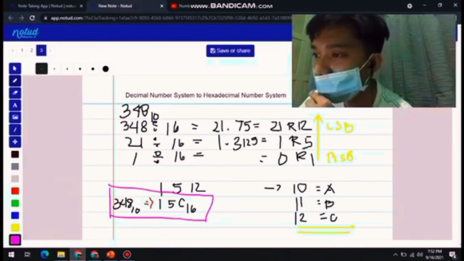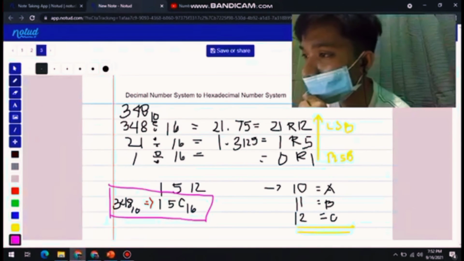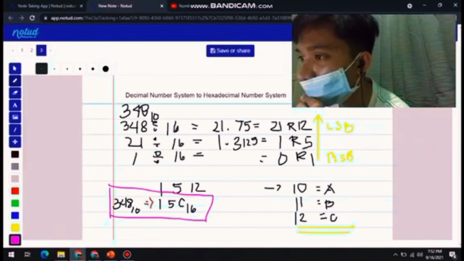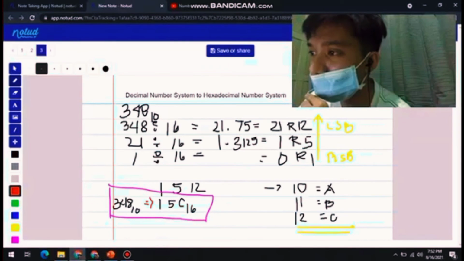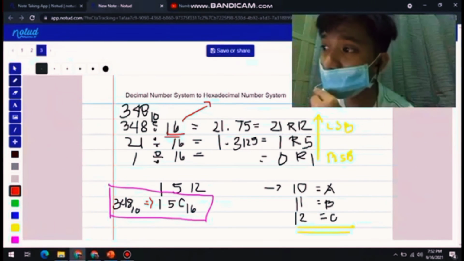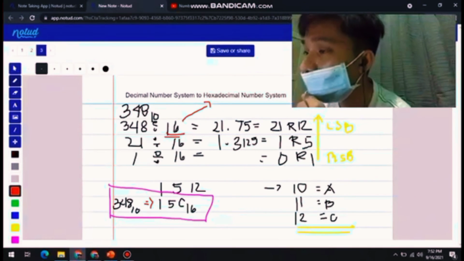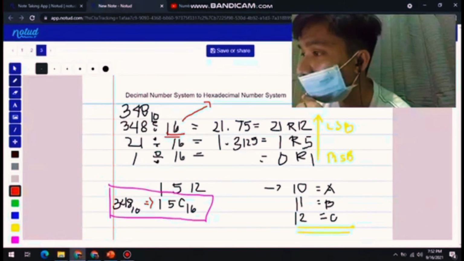Let's still use the successive division method to convert this. 348 divided by 16, because hexadecimal number system basically is base of 16. The quotient is 21.75, so basically it is 21 with the remainder of 12.